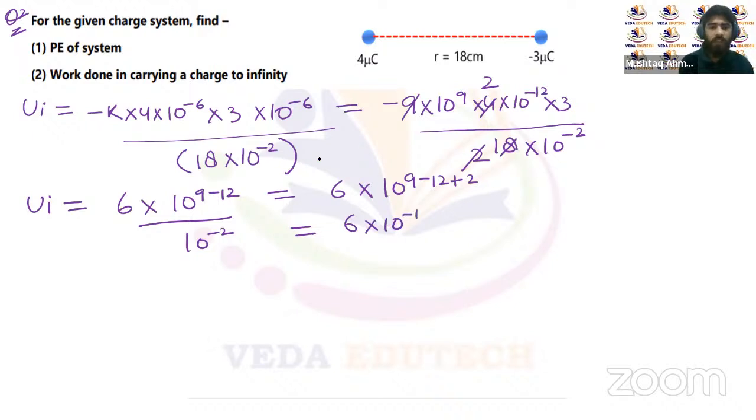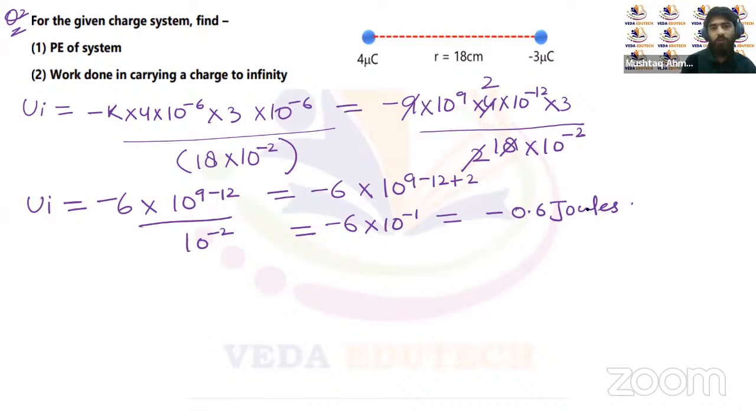And we have a negative sign here, so it's equal to minus 0.6 joules. So the initial potential energy of this system is minus 0.6 joules.